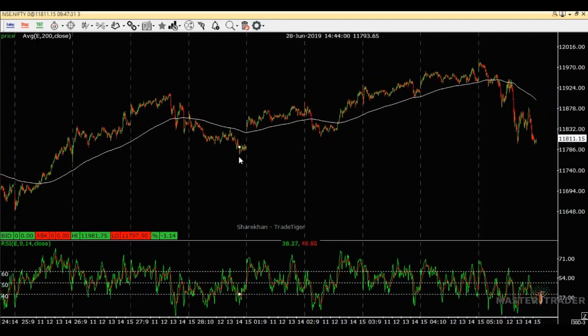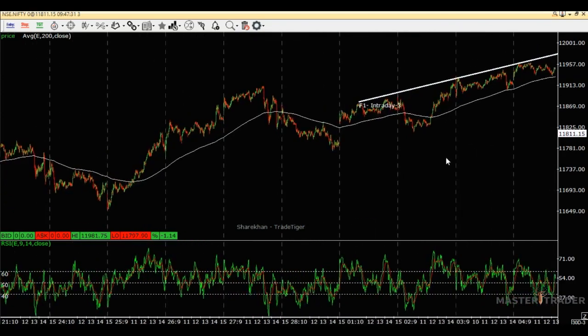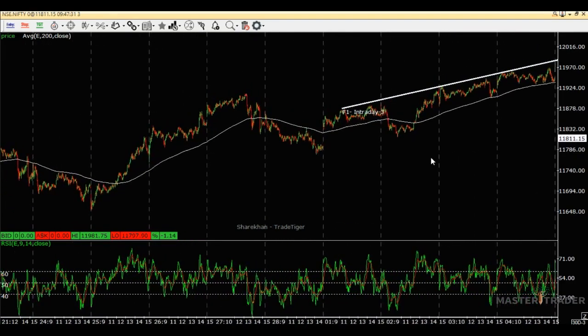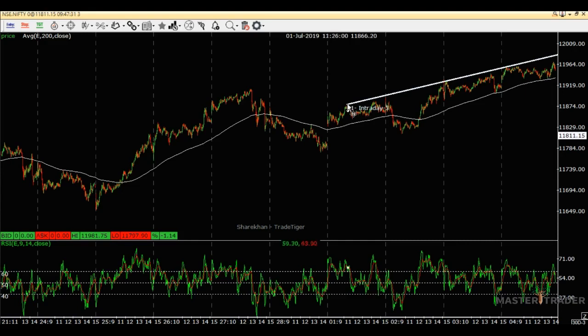Okay, now if we combine technicals with our data, right, and if I just draw a line like this connecting these swing highs, can we say that this trend line will act as resistance on the upside?